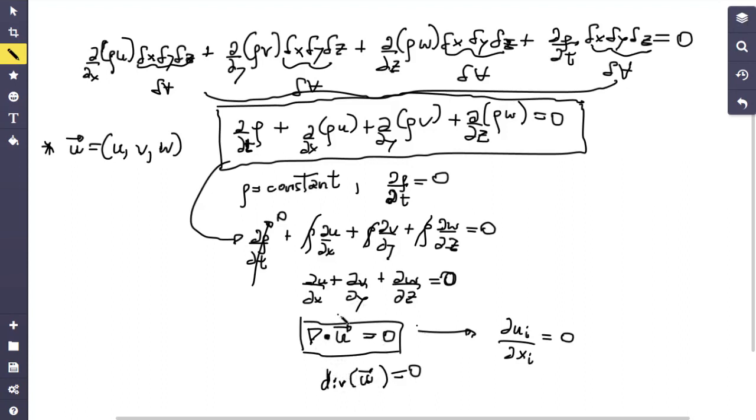Okay, this equation can be applied for fluids with varying density such as stratified flows, using the Boussinesq approximation.